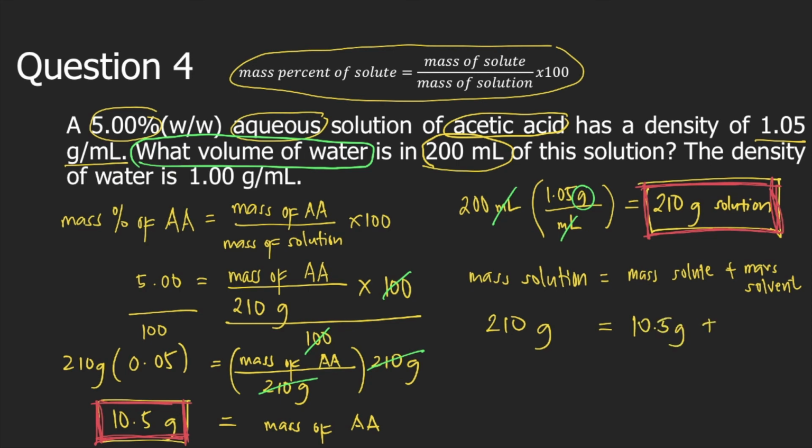So we can solve for the mass of solvent. So what you need to do is you just transfer 10.5 to the left side and it becomes negative. So 210 grams minus 10.5 grams. This is the mass of your solvent.